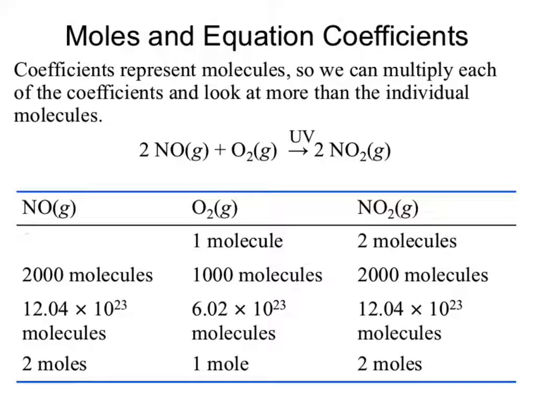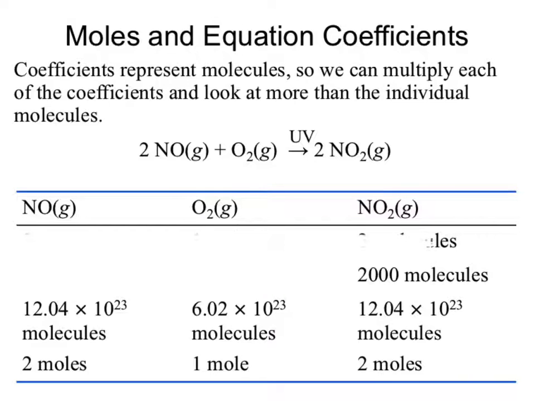A mole was 10 to the 23rd. 2,000 is 10 to the 3rd. Yeah, that's a little small. So I won't work with 2,000 molecules. 12.04 times 10 to the 23rd molecules, that's on the right ballpark, right? 10 to the 23rd. That's now working at a scale I can work with.